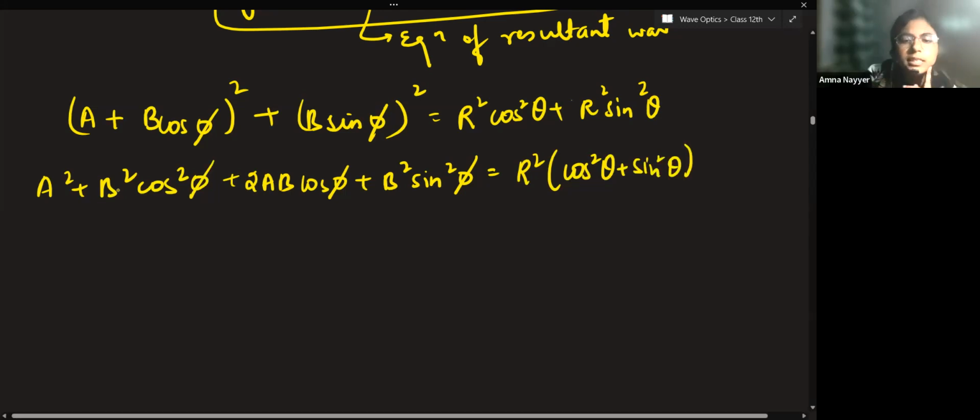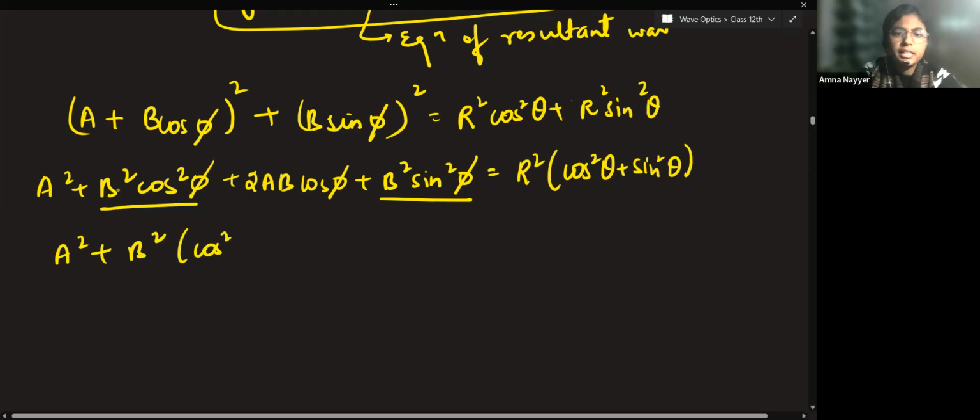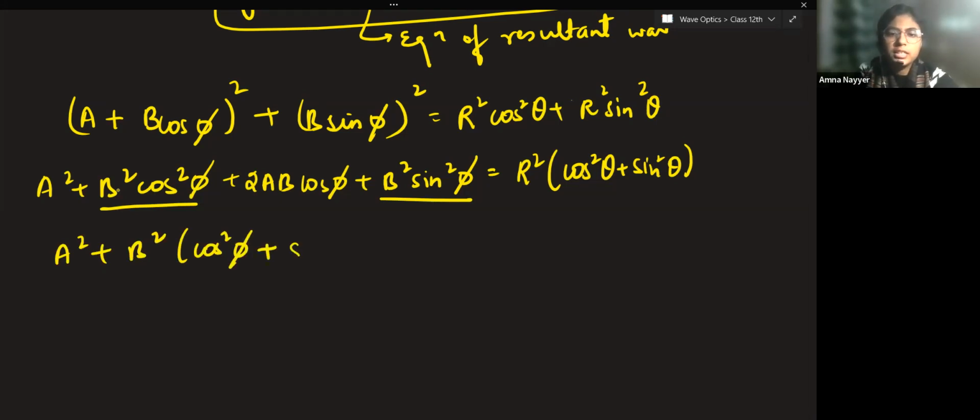Now from here, see class, let's take b square common from both of these. So a square plus b square, from this part you will be left with cos square phi, plus from here you will be left with sin square phi, plus 2ab cos phi, which is equal to r square into this entire term.